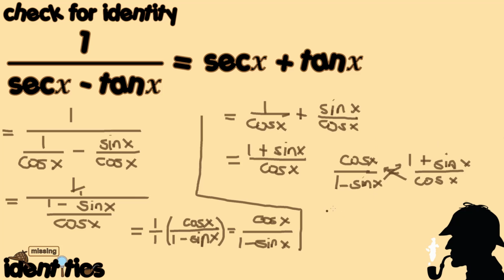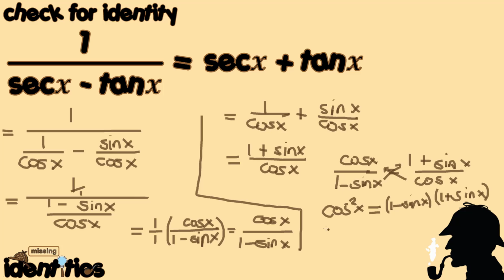Cosine x times cosine x, you will have cosine squared x. The other side, you'll have 1, take note of this, you will have a binomial expression 1 minus sine x to be multiplied with 1 plus sine x. Sorry for this, I don't have much space.